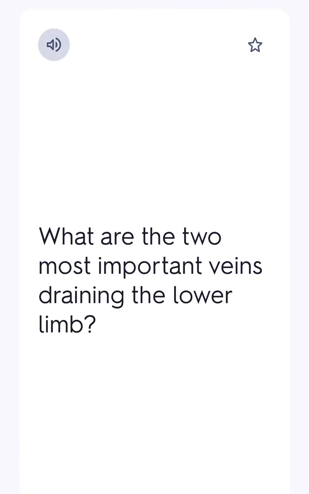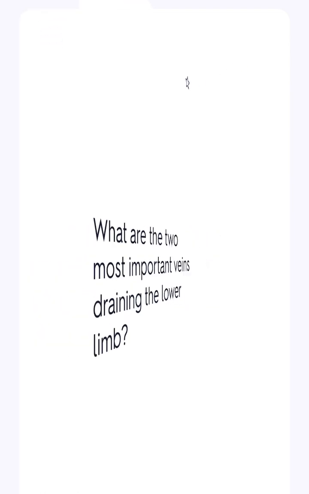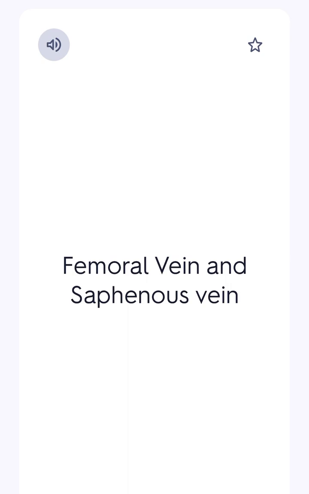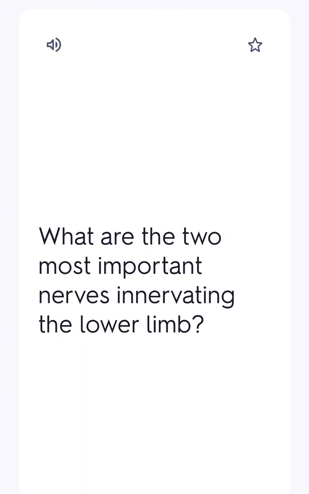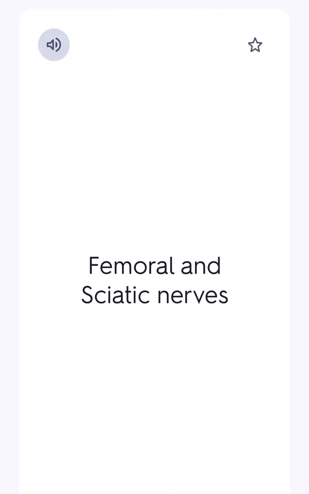What are the two most important veins draining the lower limb? Femoral vein and saphenous vein. What are the two most important nerves innervating the lower limb? Femoral and sciatic nerves.